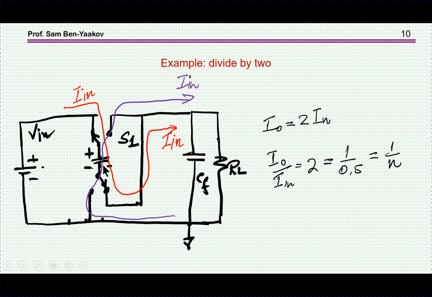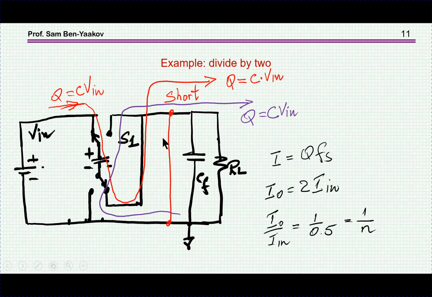And the current is coming from the capacitor, and since we charge and discharge by the same amount of charge, therefore the average current coming in and coming out must be the same, and therefore we see that we have here twice I in. So this is exactly what we have seen, that I out over I in is 1 over N, N is 0.5, so this is why this is 2.